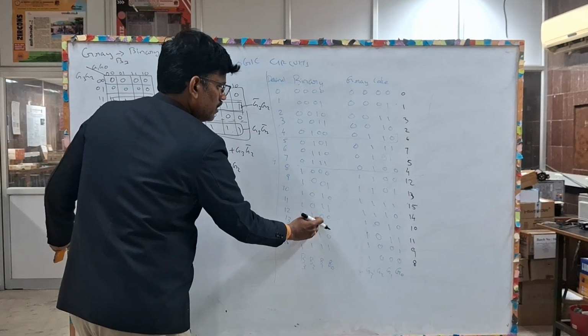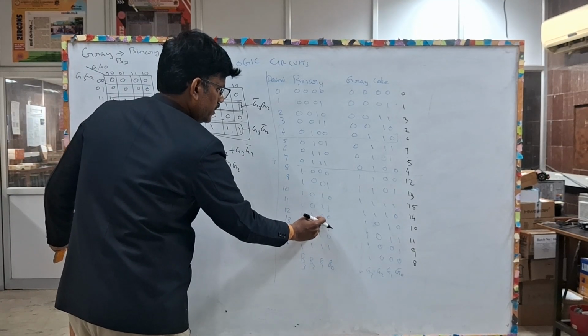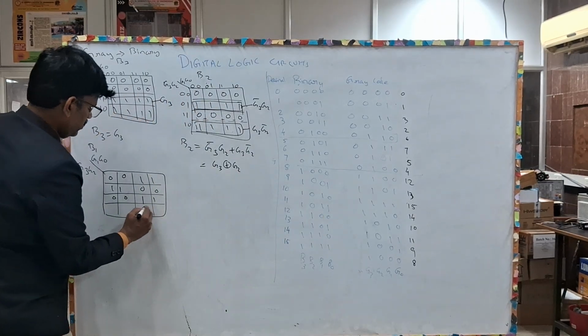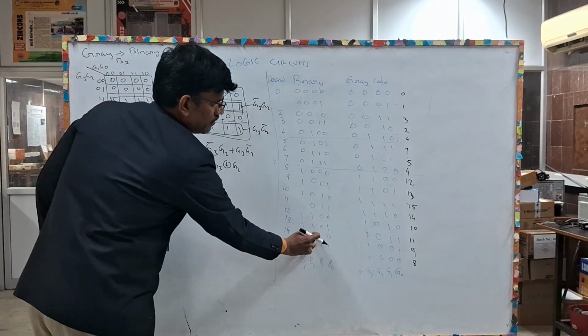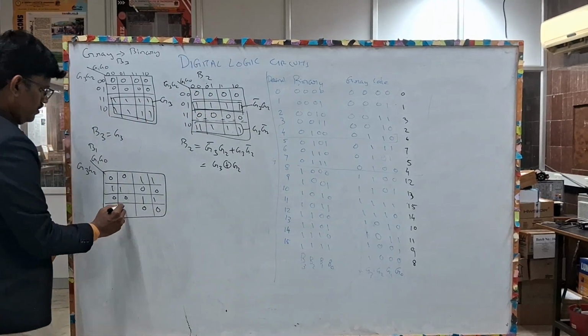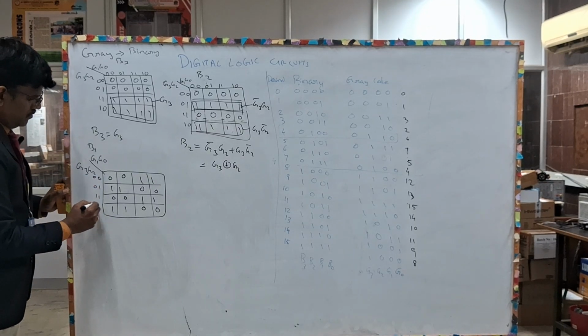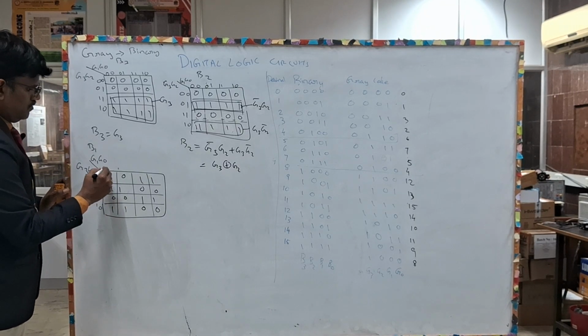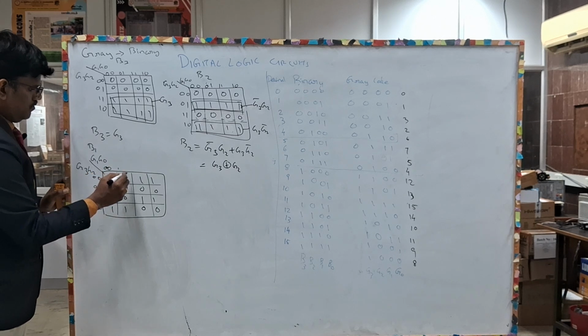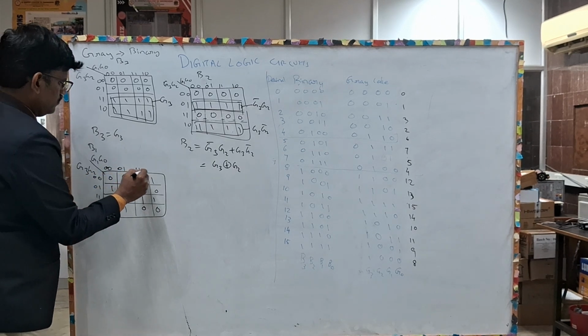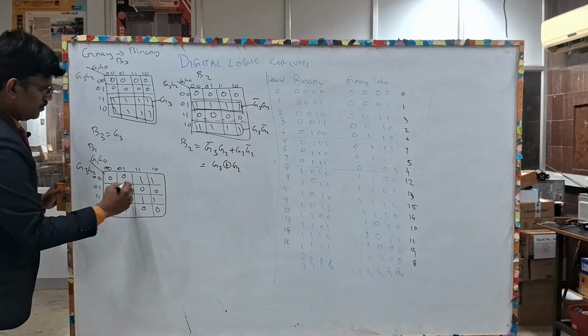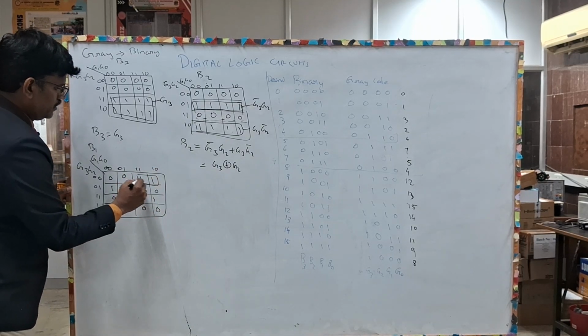Next, for 10 and 11 we have 0 0, and for 8 and 9 we have 1 1. So we are trying to group here.